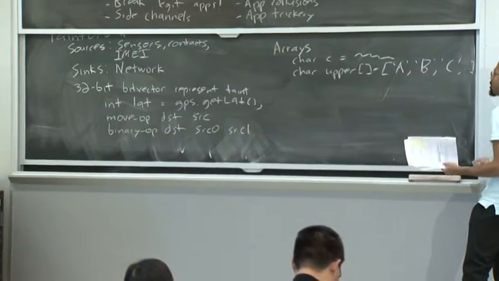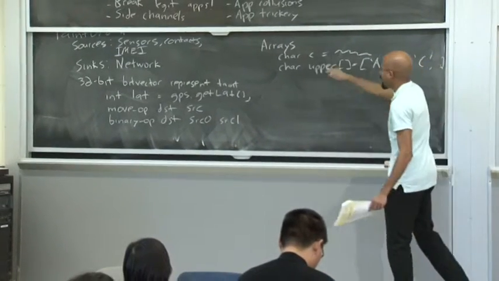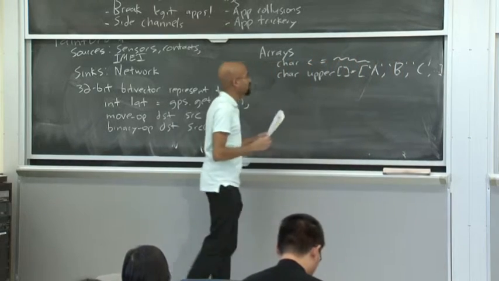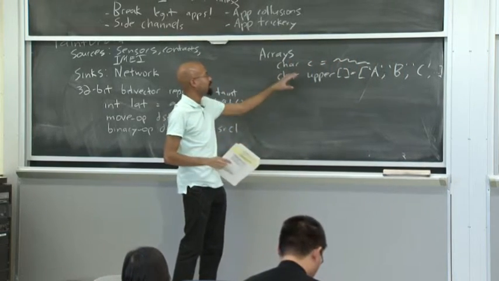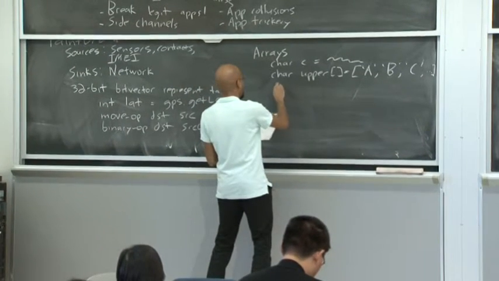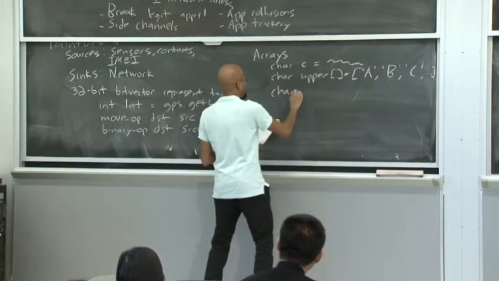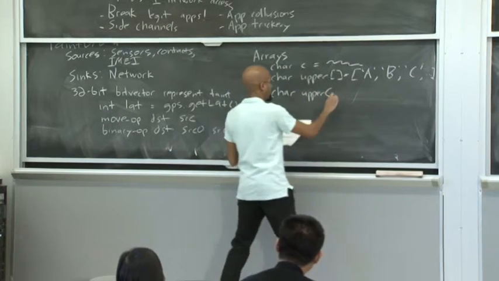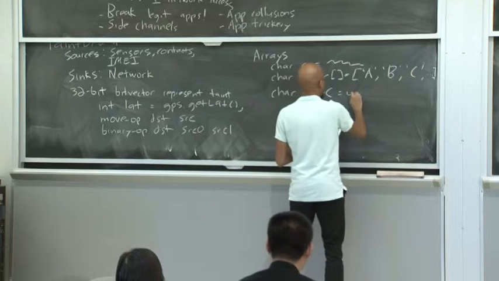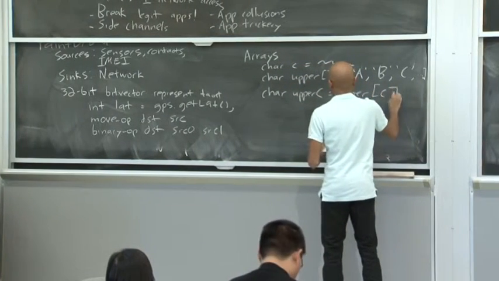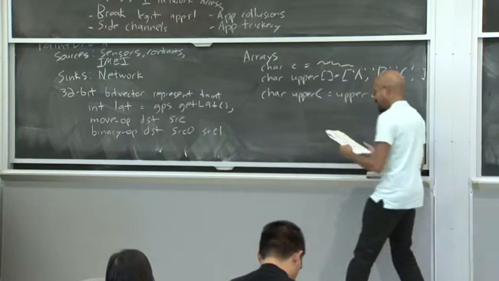One very common thing to do in code is to index into an array like this using, for example, just c directly, because as we all know, Kernighan and Ritchie teach us that characters are integers. So hooray for that. You can imagine code that says the uppercase version of this character is whatever is at a particular index in this table, and we index that table by c.